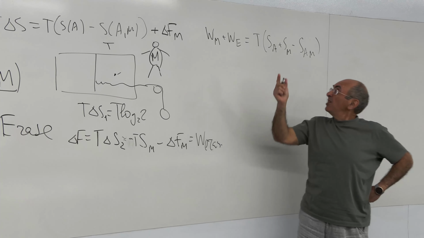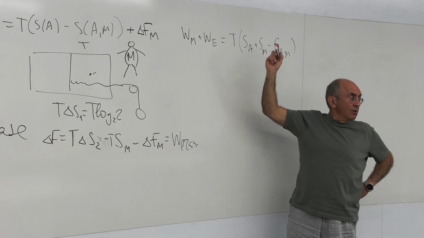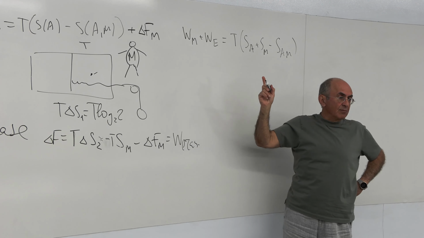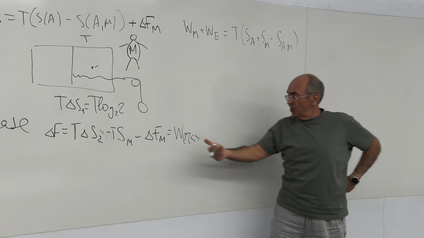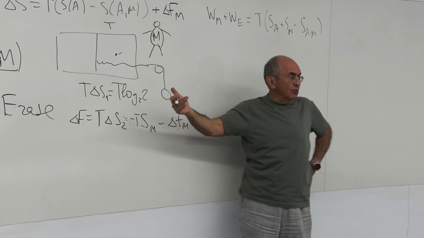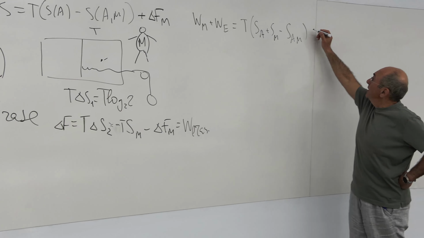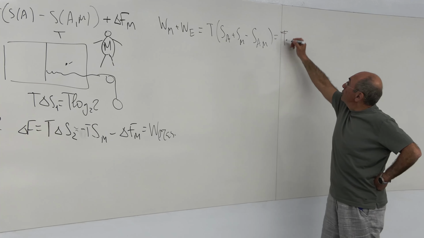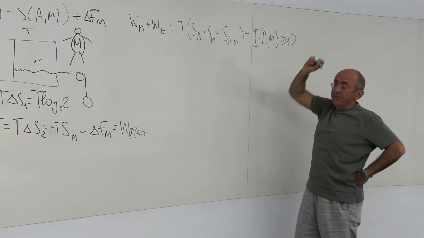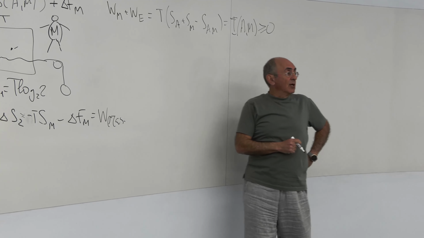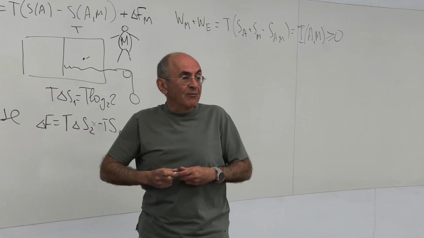And what we find here is the mutual information between the measuring device and your system. It's absolutely independent of whatever changes you do or whatever entropies you have. The energetic price is, as we discussed, the mutual information between A and M, and it's non-negative, okay?